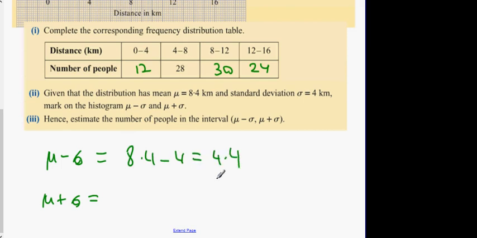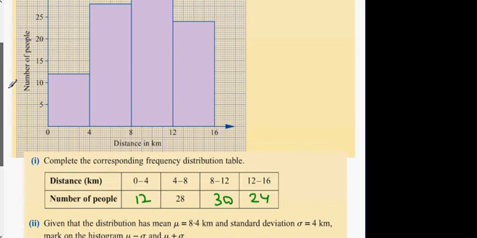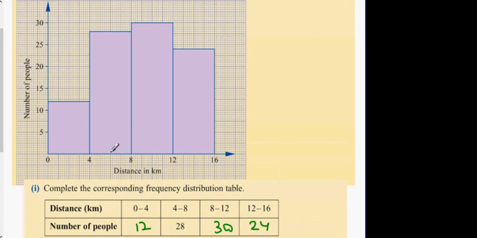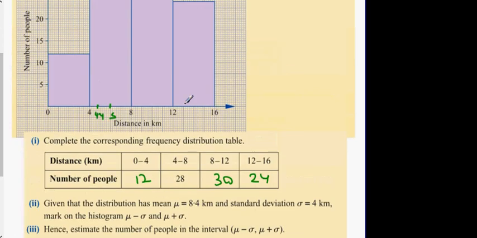And the other one's going to be 8.4 plus 4, which is 12.4. Then we mark them on the graph. You can see there's 4.5, that'll give you 4.4 there, and the other one is 12.4. So 4 small blocks will put you around here.